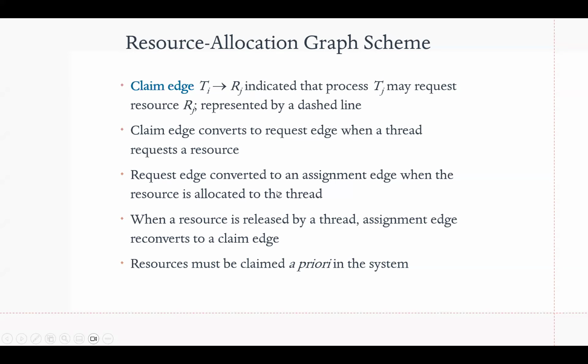And when a resource is released by a particular thread, the assignment edge reconverts to a claim edge. So resources must be claimed a priori in the system. Whatever resources a process or thread may require has to be claimed in advance.